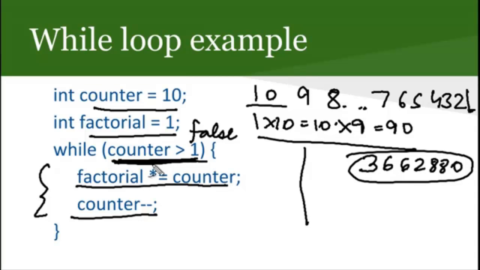In this case, we knew that it would execute 10 times looking at the value of counter. But usually when while is used, it may not be necessary that you know the number of repetitions. You just specify a condition, and if that condition is true, the statements are executed.